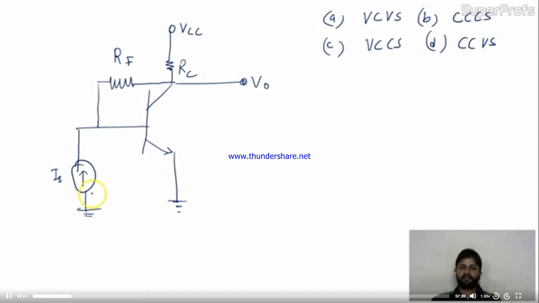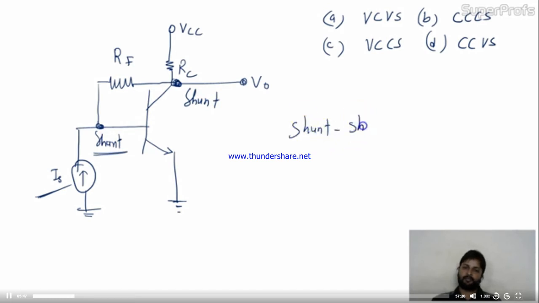So earlier we have seen in the BJT, if you are taking something from the collector terminal, it will definitely be shunt. It will be shunt and it's going to the base terminal itself. So this one is again shunt. And at the base terminal we are using current. So definitely it will be shunt. So your topology is shunt topology.